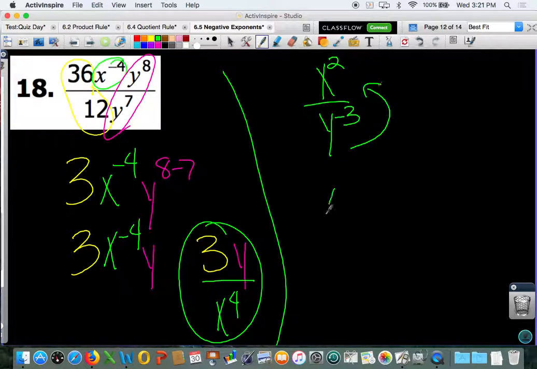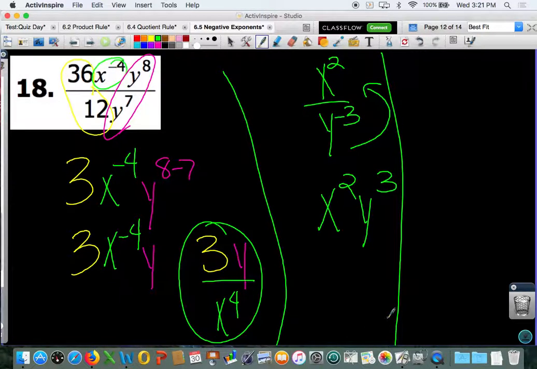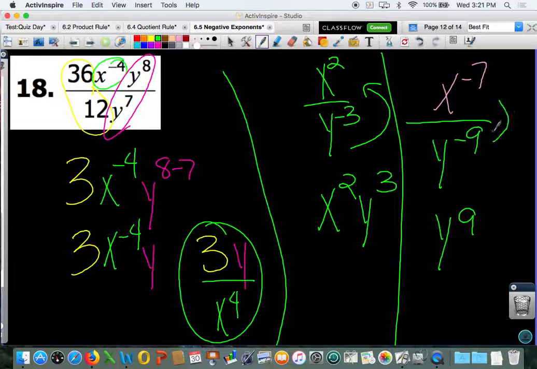So I would have to have x squared y cubed. And another final example, if I had x to the negative 7, y to the negative 9, I would have to flip them both. So it would become y to the 9 on top over x to the 7.